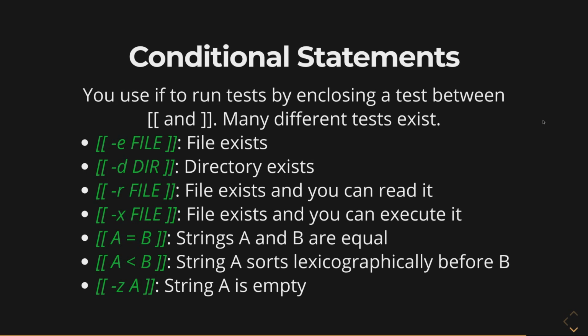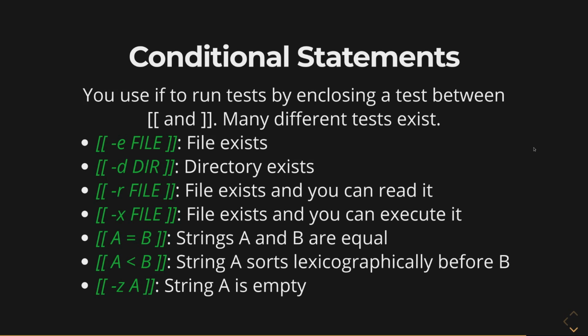Now, that of course means that if you write a script that uses double square brackets, you can't expect it to necessarily run on anything but a Linux computer. Although if any other Unix distribution runs Bash, then the script should be portable.